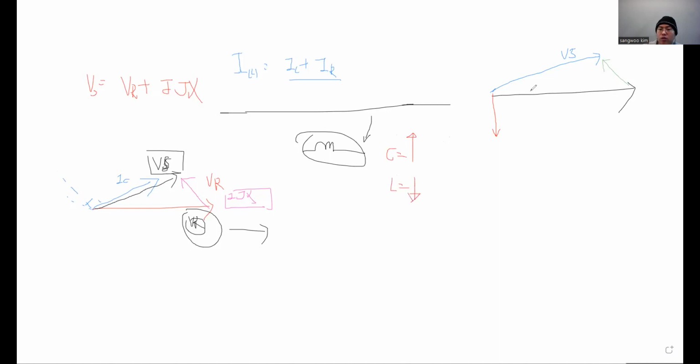First of all, as we know, IC is leading here. But since we add L, what happens? First of all, we need to make sure P is constant. P and Q, so we need to add it first.